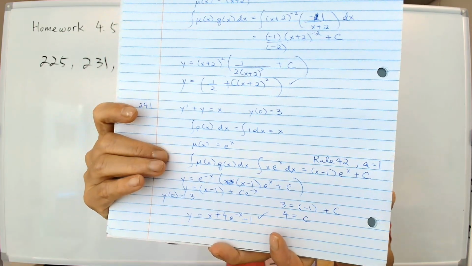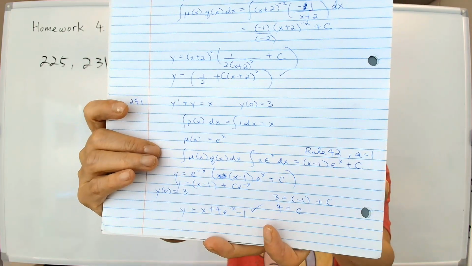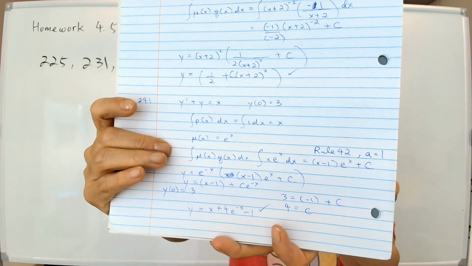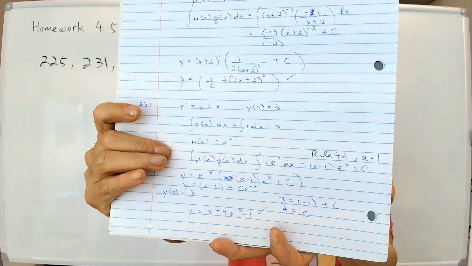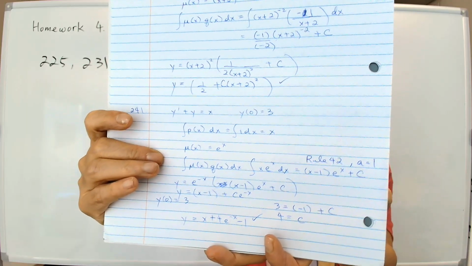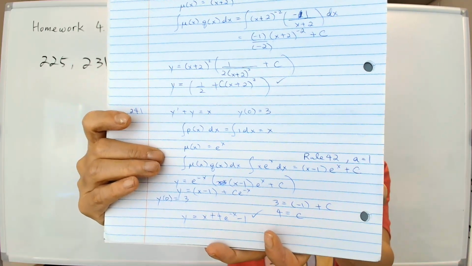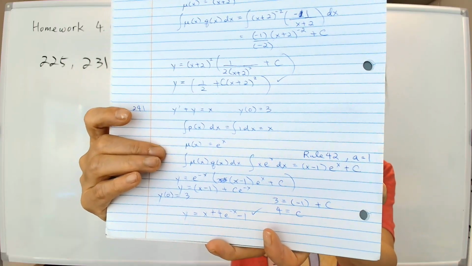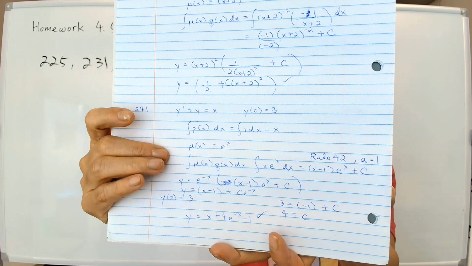So then when we integrate mu x q of x, following the rules, that is equal to x e to the power x. Now that you can solve by integration by parts with the LIATE rule, L-I-A-T-E. However, I just pulled out rule 42 on page 700, the integration formula, and wrote that answer down right away.